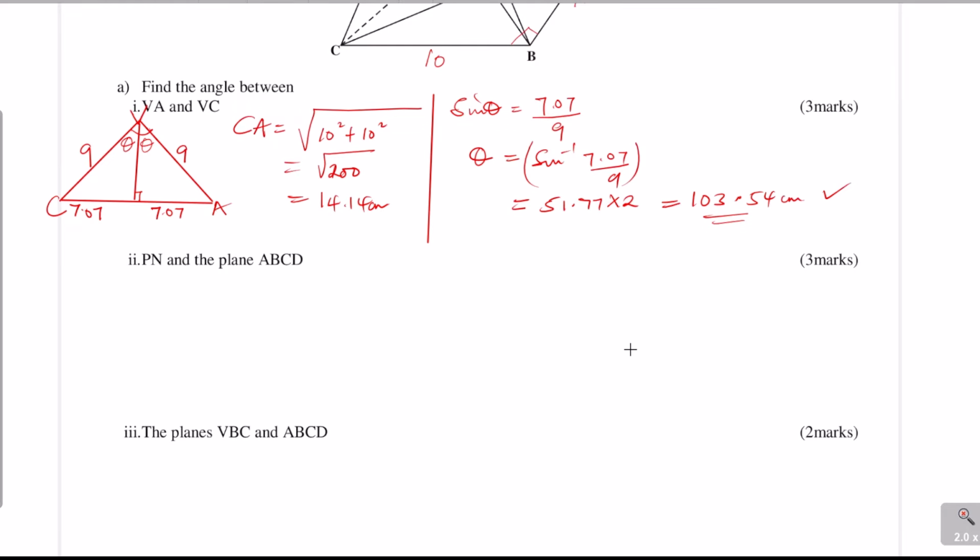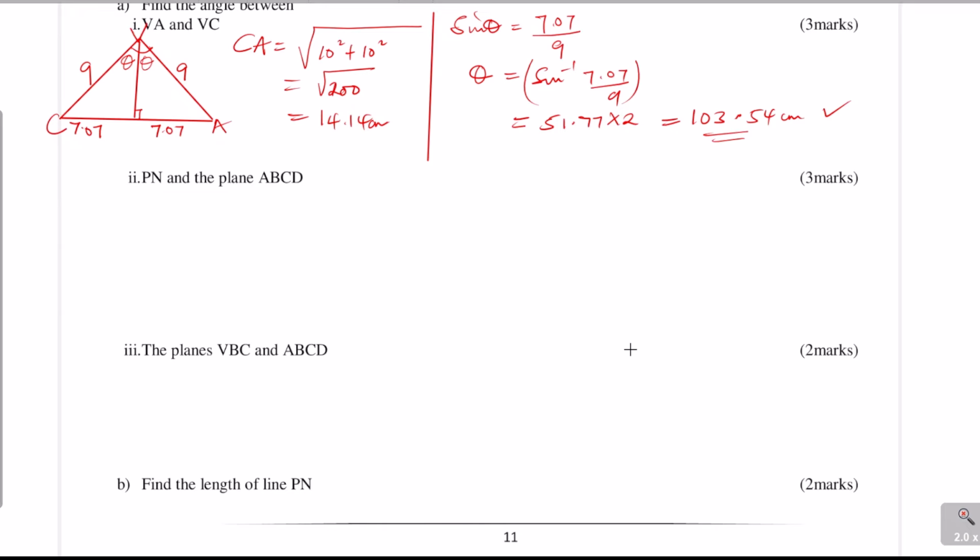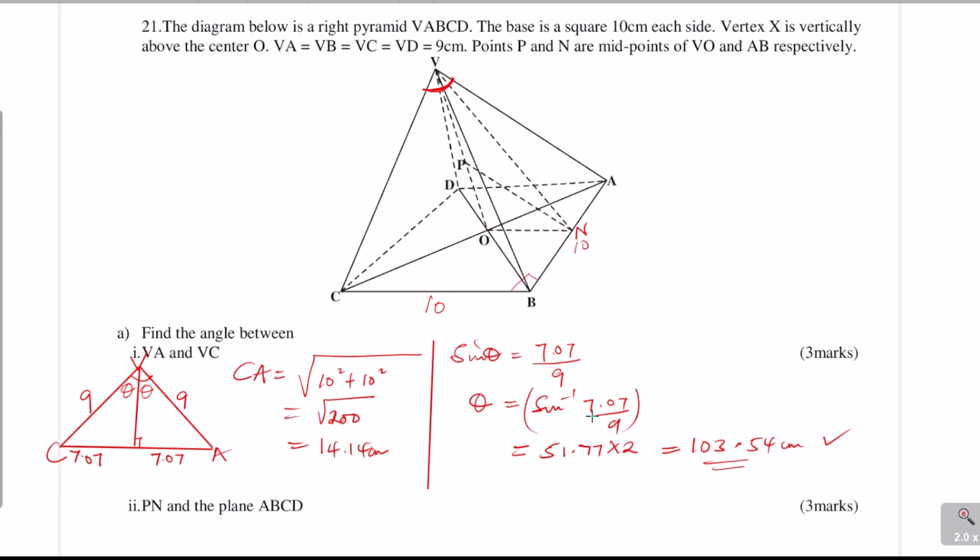We go to part B. PN and the plane ABCD. So where is PN?